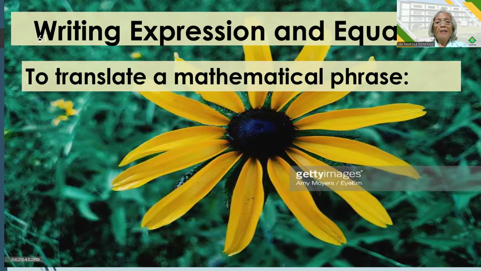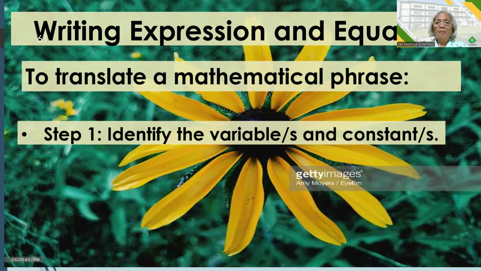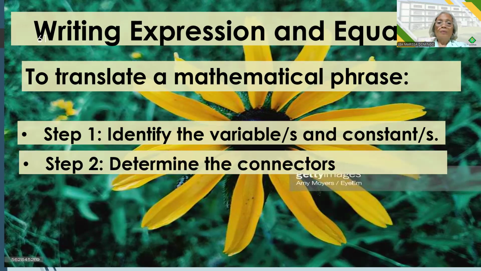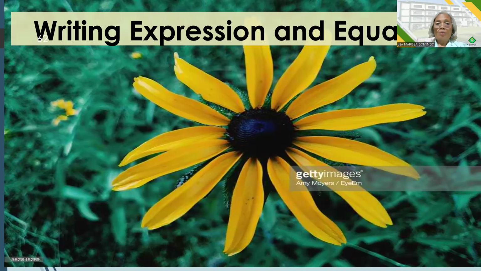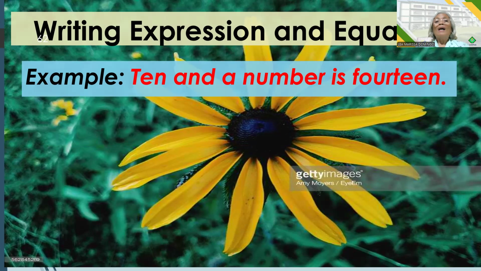To translate a mathematical phrase, we follow these steps. The first step is to identify the variables and constants. And then determine the connectors and perform the translation of the phrase into symbols. Halimbawa, 10 and a number is 14.